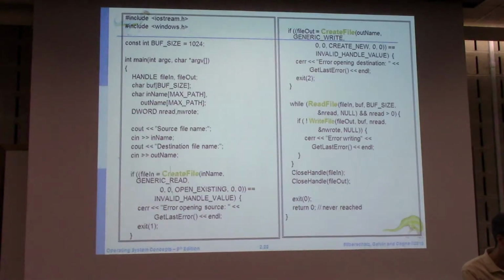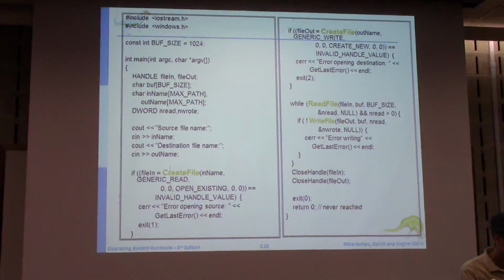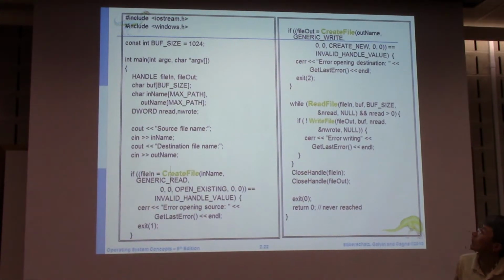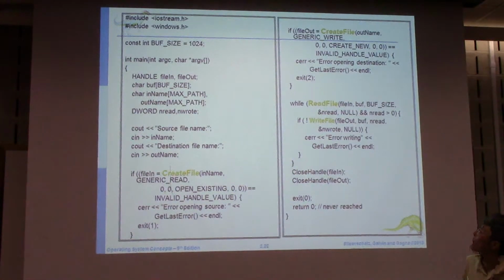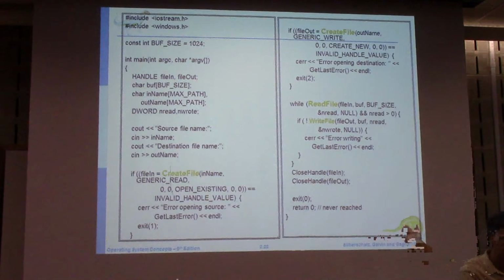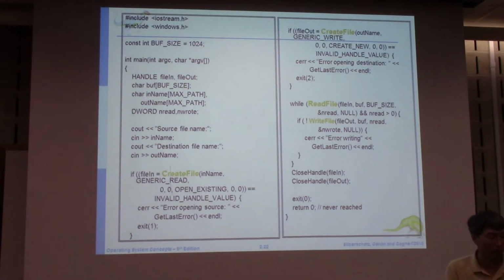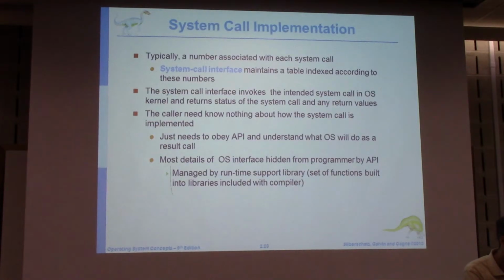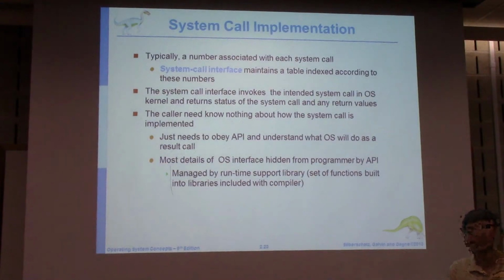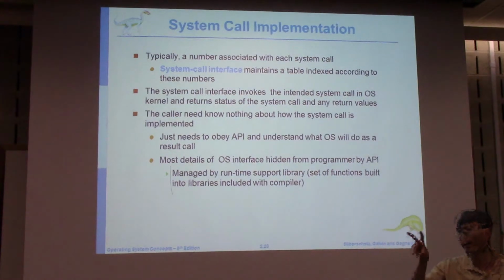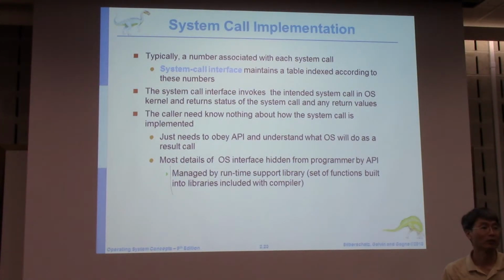It's the same thing. You can compare Linux-based system programming and Windows. The only difference is the different system calls. Sometimes you can implement a system call, a system API itself. That is system programming.